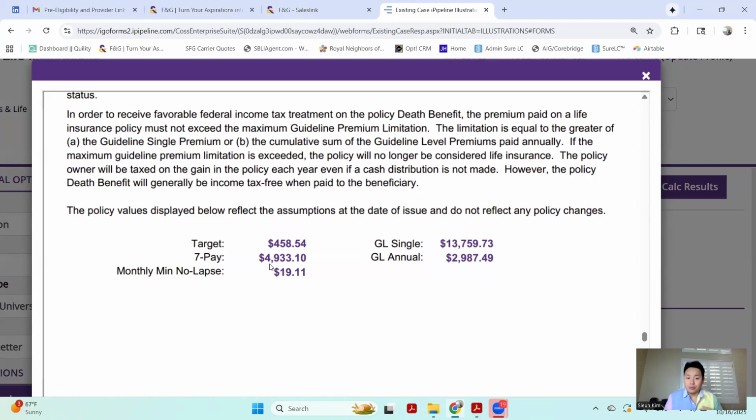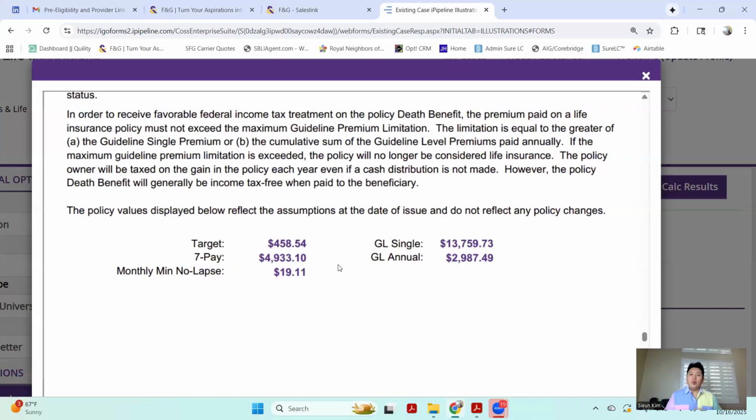So if a client told me, Sean, I want to start with $100, but I feel like I might pay $500 into this in the future, then $500 a month is how much a year? That's $6,000, right? So what does that mean? That's more than what the MEC allows. So that's where it could be a problem.